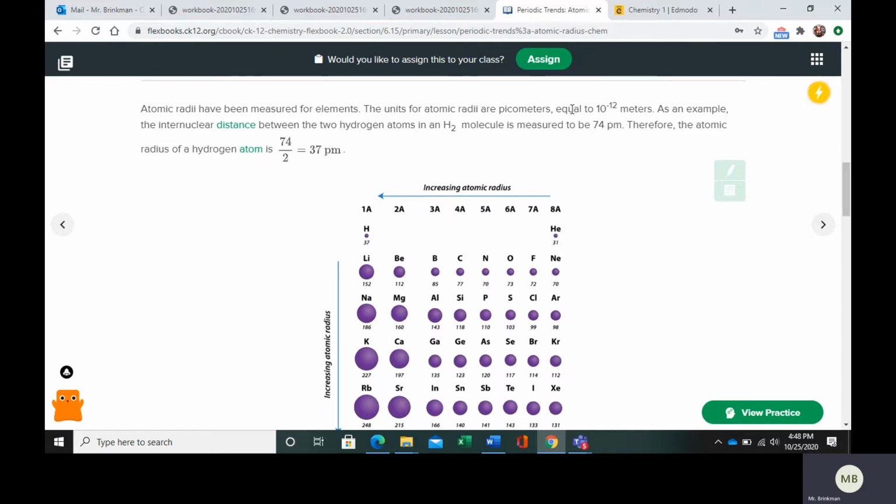It's very, very tiny because it is 10 to the negative 12th meters. For example, the distance between two identical hydrogen atoms is 74 picometers. Remember, we want to use half that distance when we're talking about the atomic radius. So the atomic radius is 74 divided by 2, which is 37 picometers.